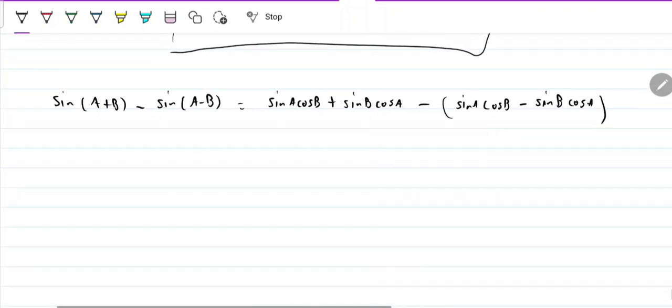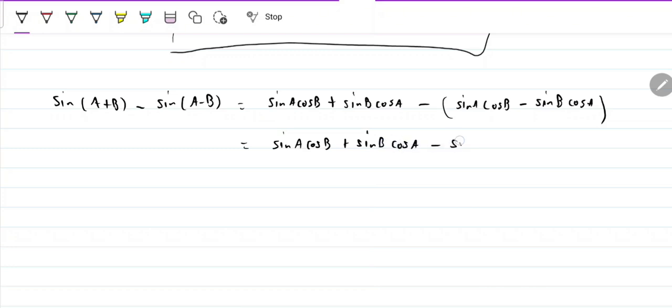And a minus distributes. So I have sine A cos B plus sine B cos A minus sine A cos B plus sine B cos A. Right? So look at what's happening here.